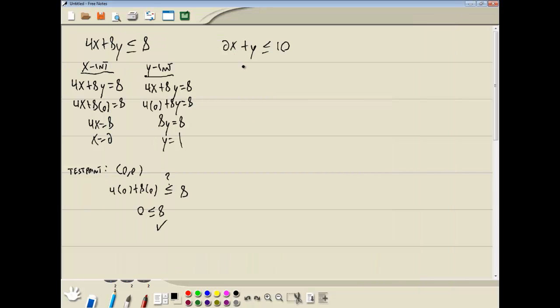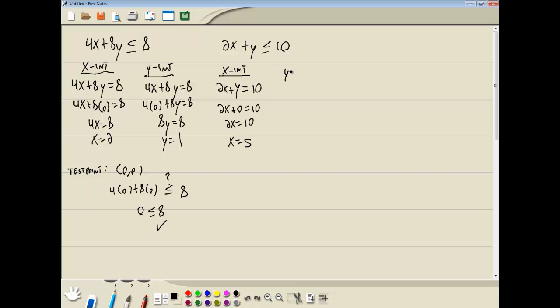Okay, we'll see what happens. Again, I could find the x-intercept and y-intercept here. So we have 2x plus y, and we turn the inequality into an equals. We're finding the x-intercept, so you always plug 0 into the other variable. So 2x plus 0 is equal to 10. 2x is equal to 10, or x is equal to 5.